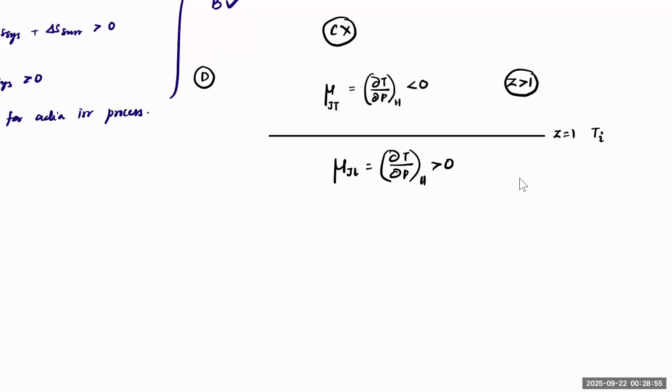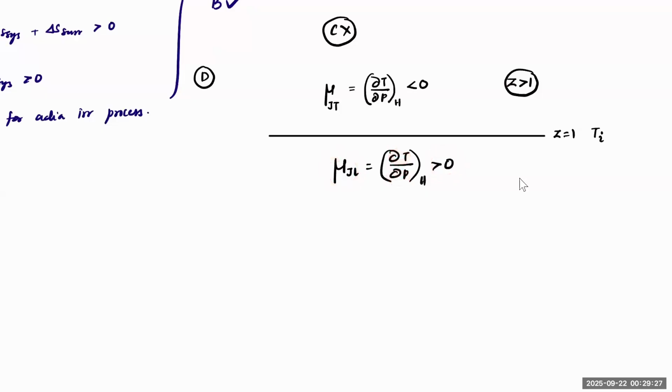The compressor, in a refrigerator or AC, compresses the gas, and then it expands in the system. As it expands, its temperature should fall. So if dP is negative and dT is negative, that makes the Joule-Thomson coefficient positive.